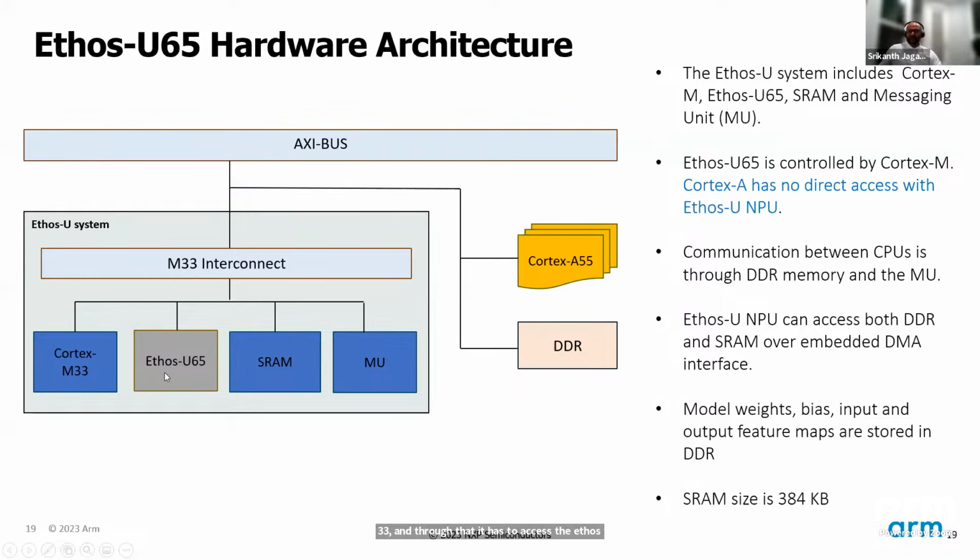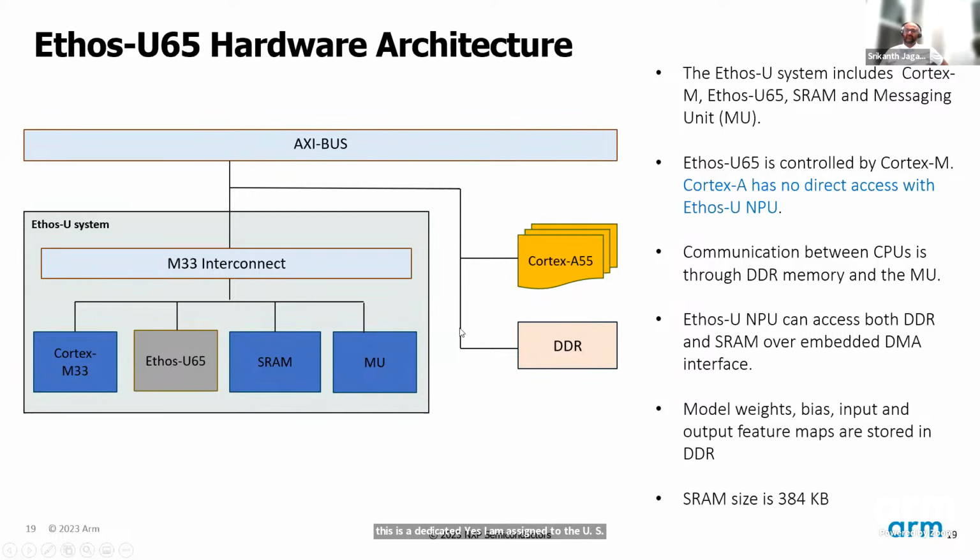The Ethos-U65 also has 384 KB of RAM assigned specifically to the NPU, which is different from the TCM of the M33 or the system SRAM for the entire SoC. So this is a dedicated SRAM assigned to the Ethos-U65.